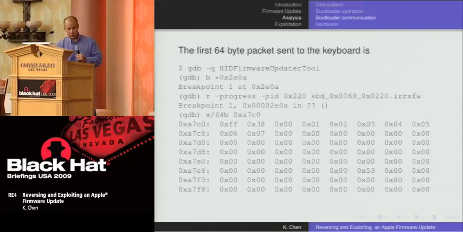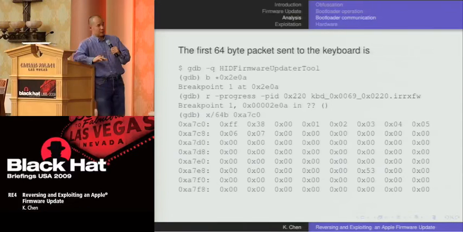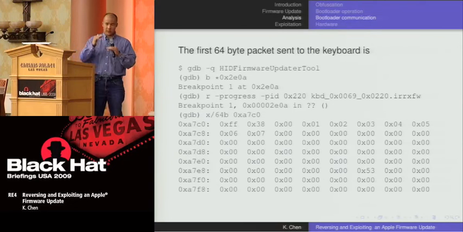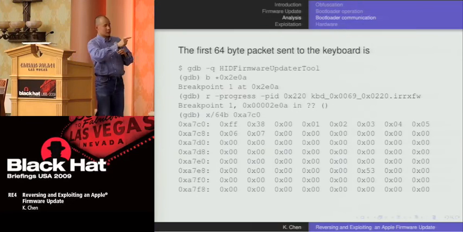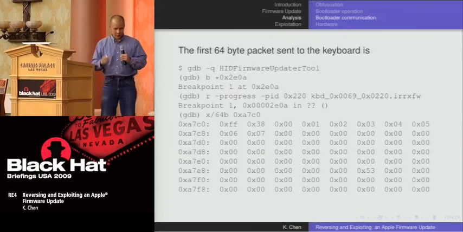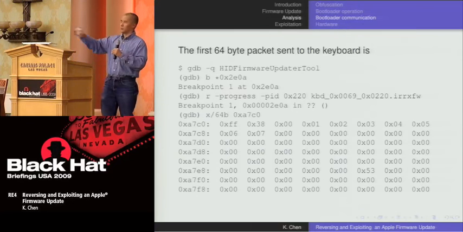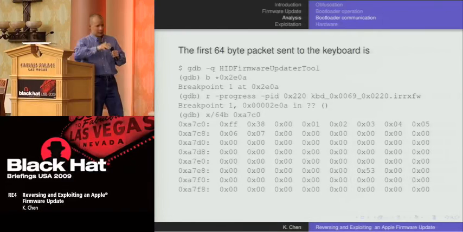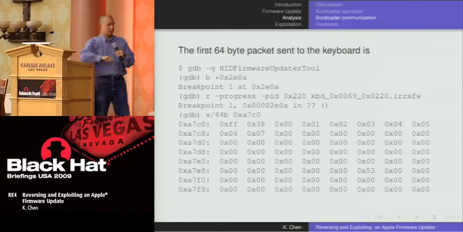Okay, so then what we want to do is look at the first 64-byte packet that's sent to the keyboard. When I say packet, I really mean the first 64 bytes that are sent. It's obviously because this is a low-speed device. It has to be broken up into smaller things. You can't have more than 8 bytes sent at a time for low speed.